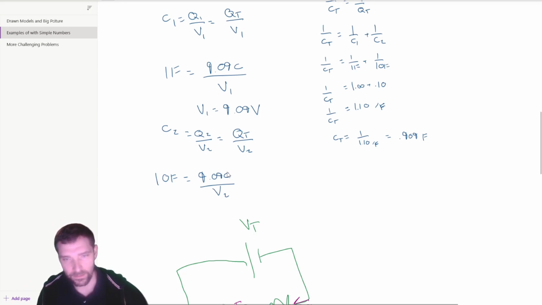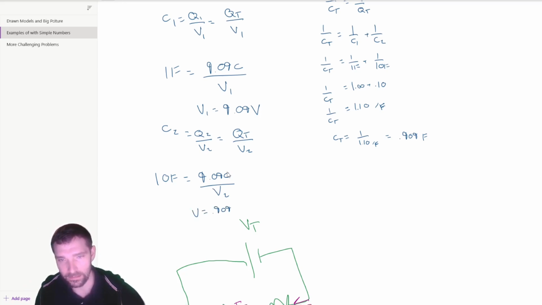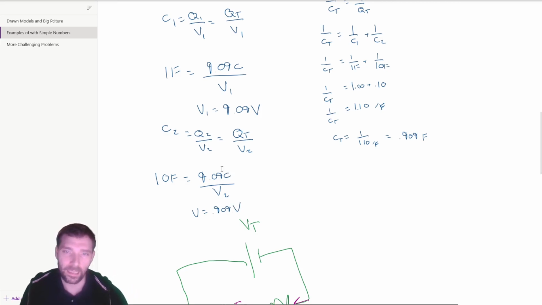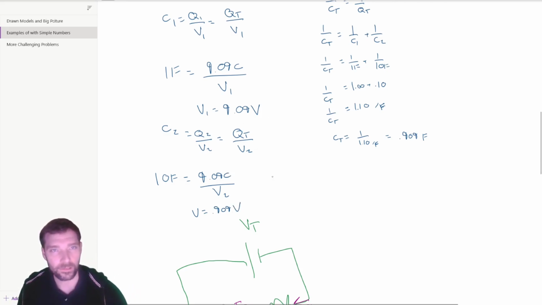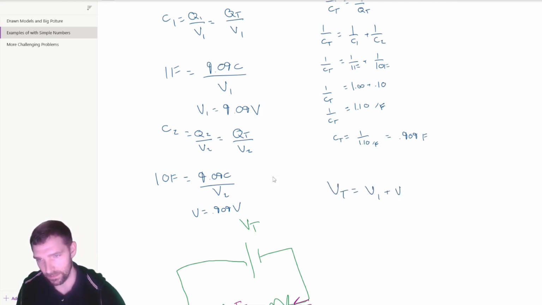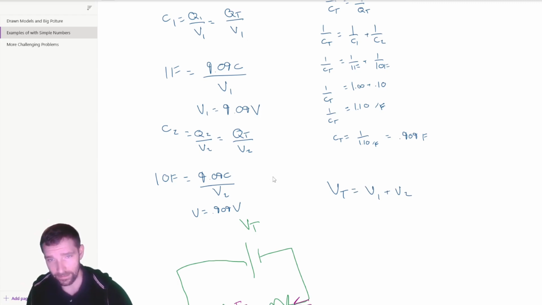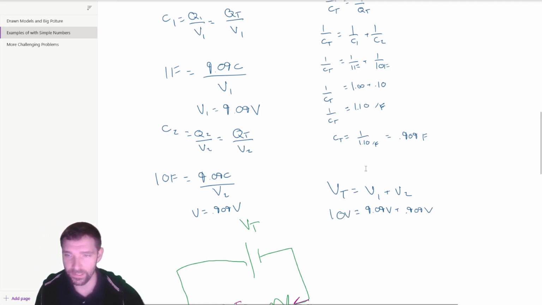Yep, and then V2 here ends up being, what would that be? 0.909 volts. And if we added those two up, you can see that VT is equal to the V1 plus the V2. So we've got 9.09 volts and 0.909 volts. If you add those up, it's going to be about 10 volts across the two. So this does work out.